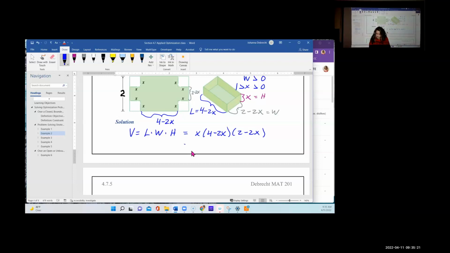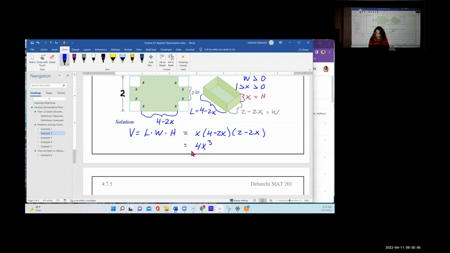Okay, so let's multiply this out. So I've got, well, let's see, negative 2x times negative 2x is 4x squared times x is 4x cubed. You guys check my algebra here. And then I've got a negative 4x in the middle and a negative 8x on the outside.